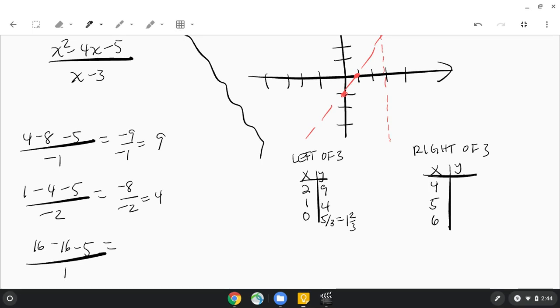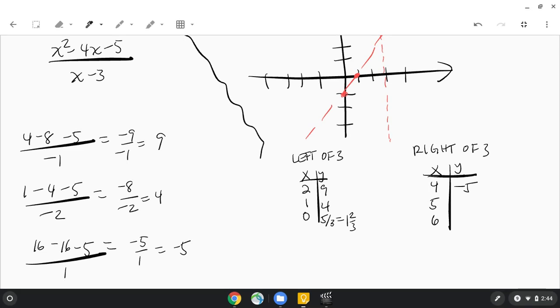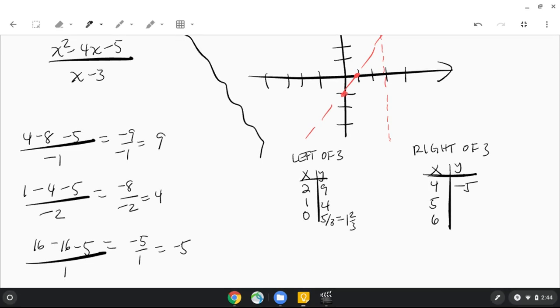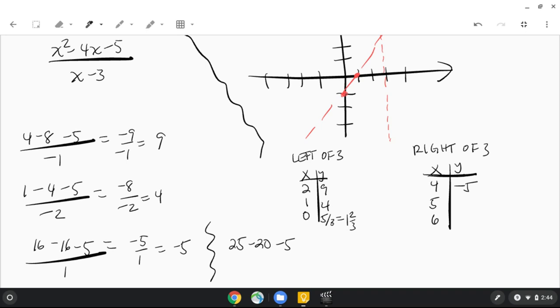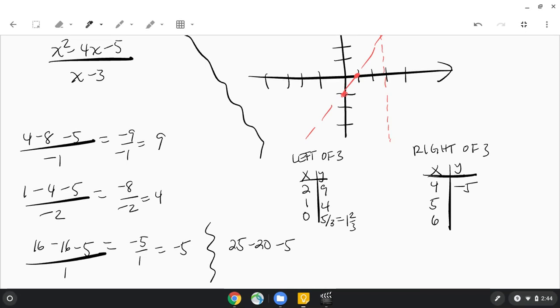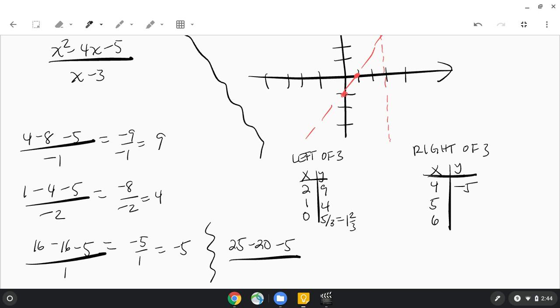Let's plug in 5. We get 25 minus 20 minus 5 over 5 minus 3, which is 2. So we get 0 here.